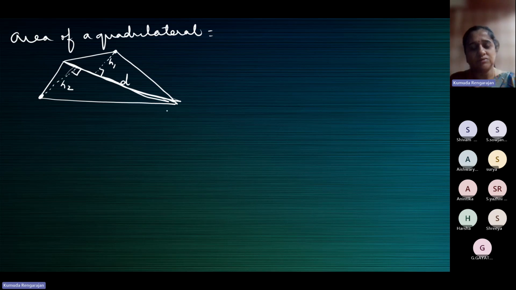If such information is given, the length of one diagonal and the lengths of the altitudes or the perpendiculars falling on the same diagonal, then the formula to find the area of the quadrilateral is half into D into H1 plus H2.